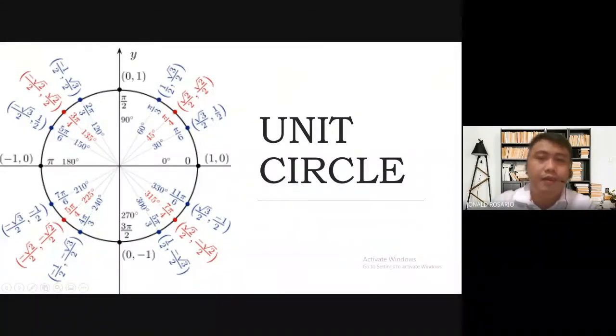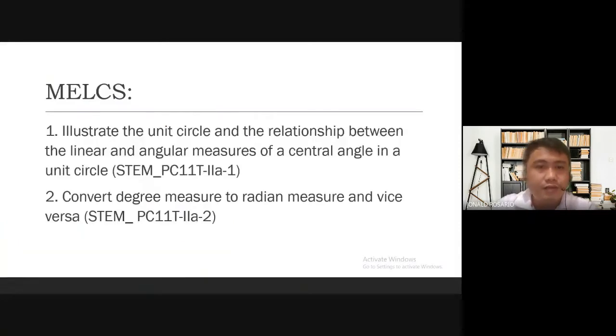So last time we discussed the concept of the unit circle, and in this unit circle, we have the most essential learning competencies in pre-calculus. The mathematics that we are going to learn in this part of pre-calculus is trigonometry.